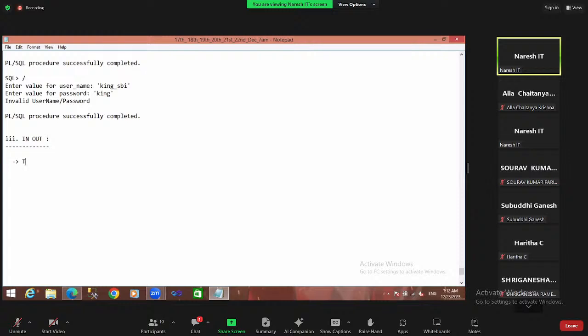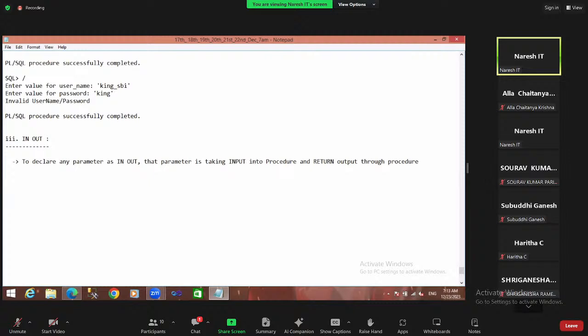To declare any parameter as in-out means that parameter takes input into the procedure and returns output through the procedure.